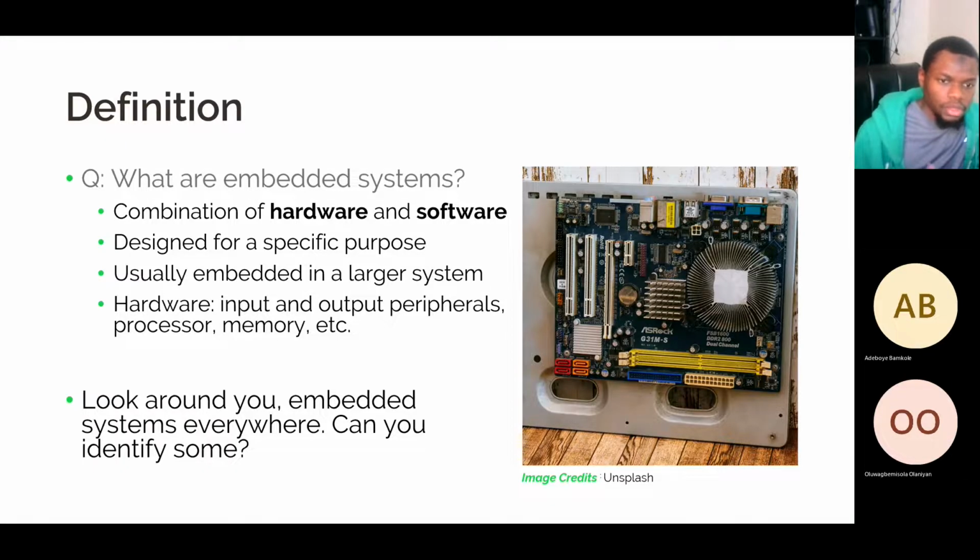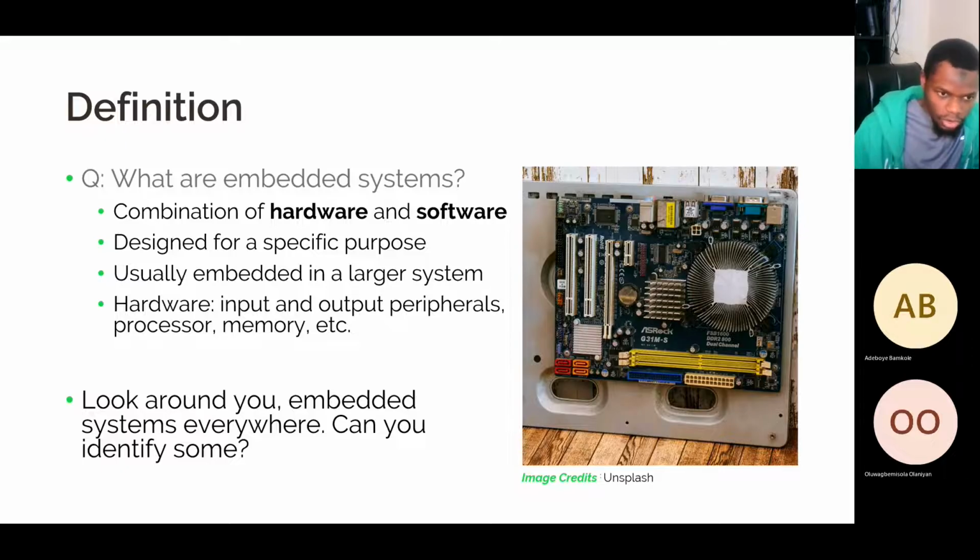And usually embedded systems are embedded in a larger system, like a larger mechanical or electrical system. You notice that a lot. For example, the motherboard of your computer is embedded inside the whole computer, where you have a couple of other things, and the motherboard is just part of those.